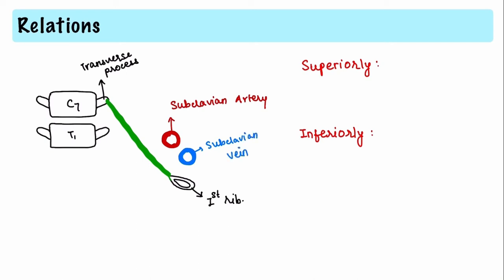And inferiorly, it is related to the cervical pleura. This is the cervical pleura. And the cervical pleura covers the apex of the lung.